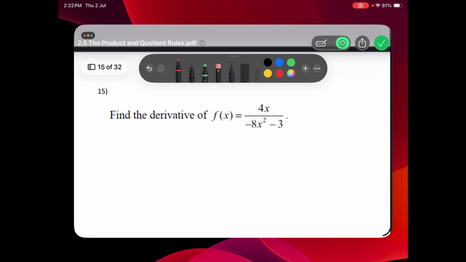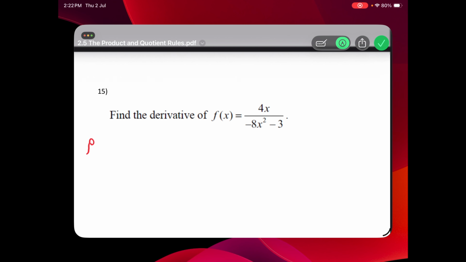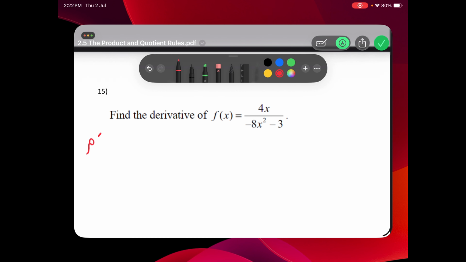Next, again, I have the quotient rule, and I have f of x equals this rational function. So what is f prime of x? Again, I will take the denominator to the top, so it's minus 8x squared minus 2.